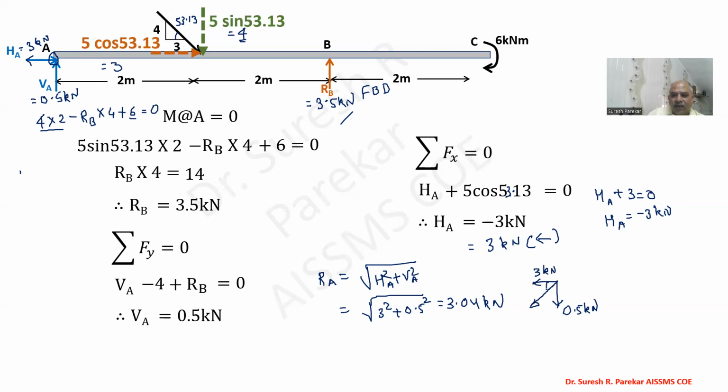Now, if we have to find this angle theta, then you can write it as 3.04 cos theta equal to 3. And from this you will get cos theta equal to 3 divided by 3.04, shift inverse cos, and we will have theta equal to 9.30 degrees.